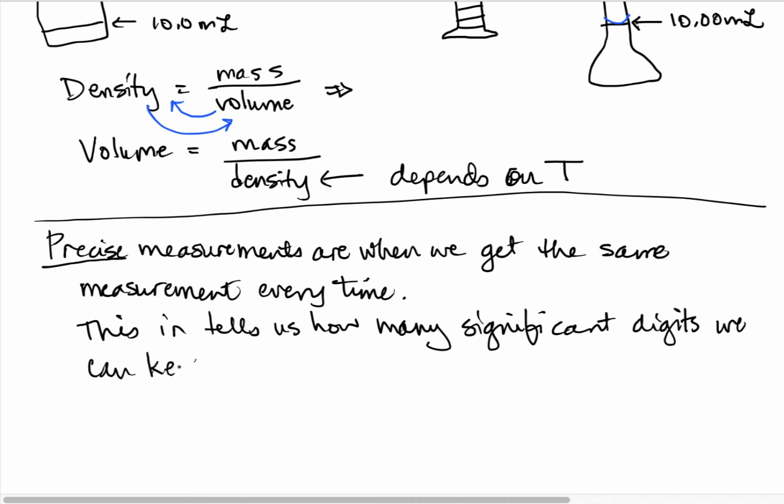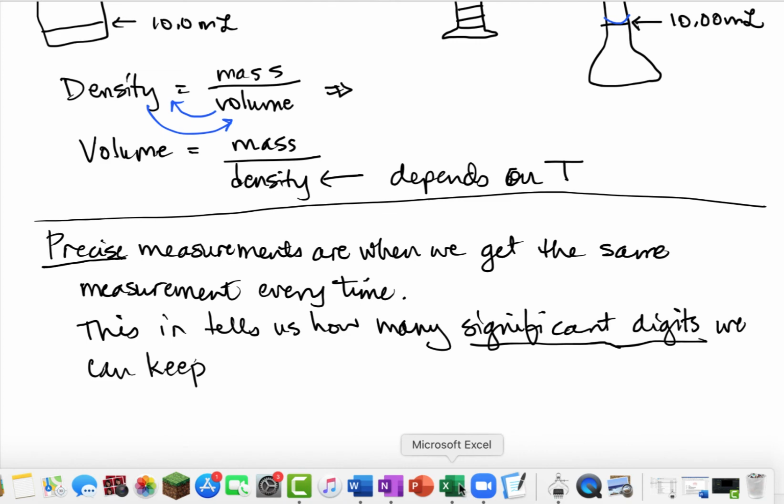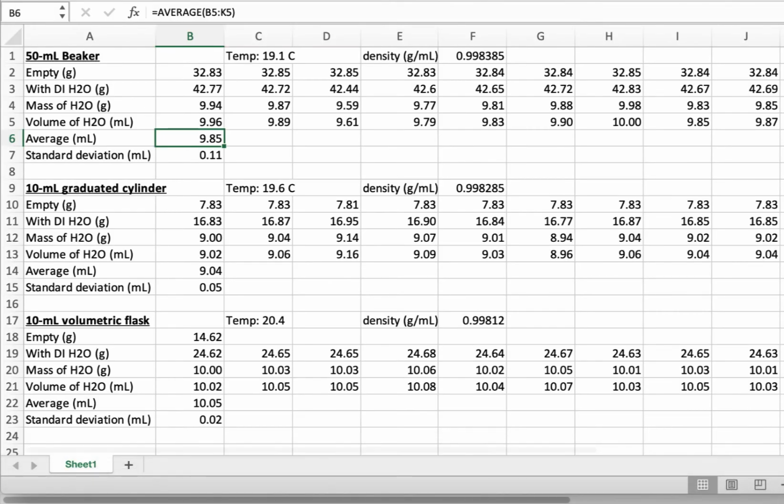Now, what is a significant digit? A significant digit is a measurement that has meaning. So if I go over to my data again, because I have a fairly large uncertainty in that last decimal place, like this 6 here, it is probably not a significant decimal place.